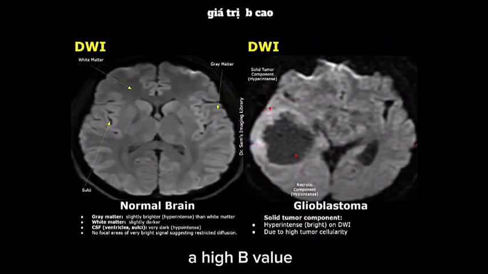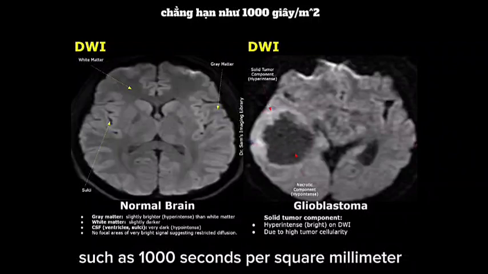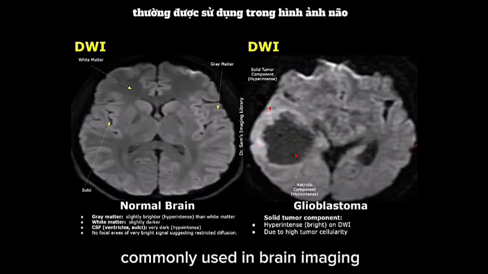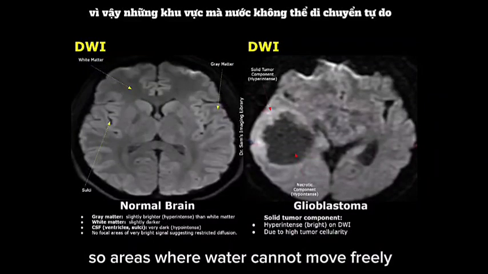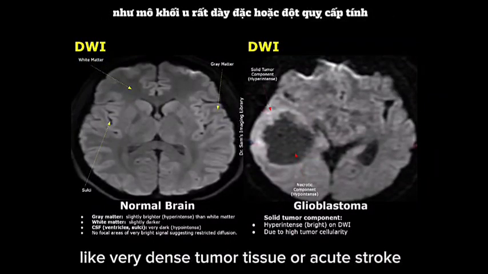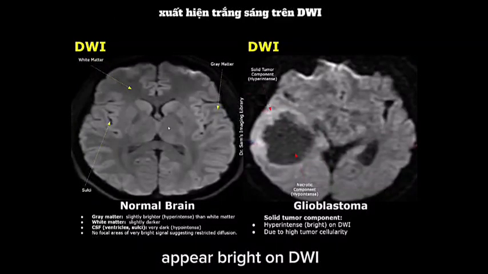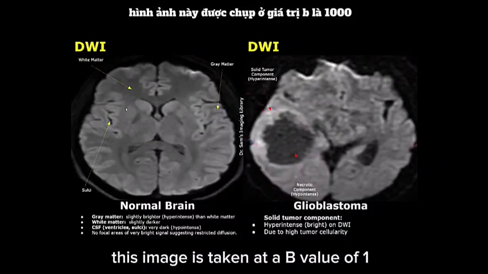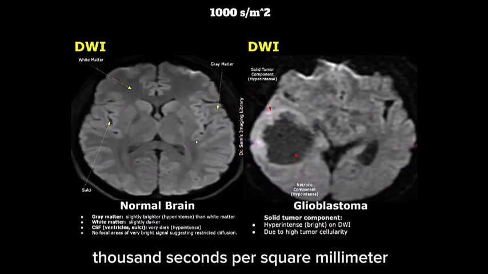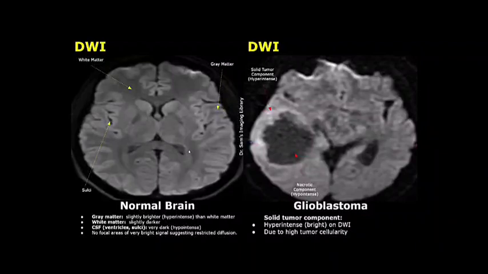A high B-value, such as 1,000 seconds per square millimeter, commonly used in brain imaging, makes the scan more sensitive to diffusion, so areas where water cannot move freely, like very dense tumor tissue or acute stroke, appear bright on DWI. This image is taken at a B-value of 1,000 seconds per square millimeter.